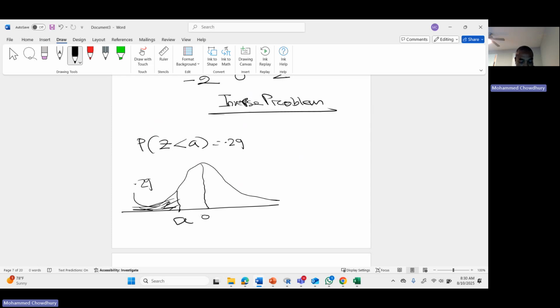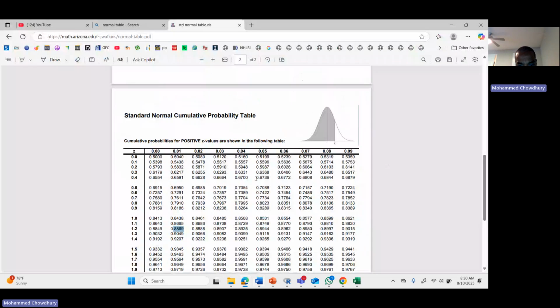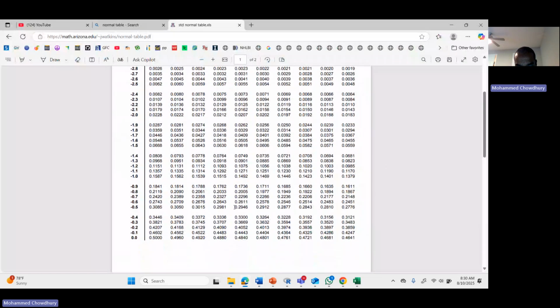Let me find it manually using the table. Come in here to 0.29. The closest value to 0.29 is between 0.2912 and 0.2877, and this is the closest one.